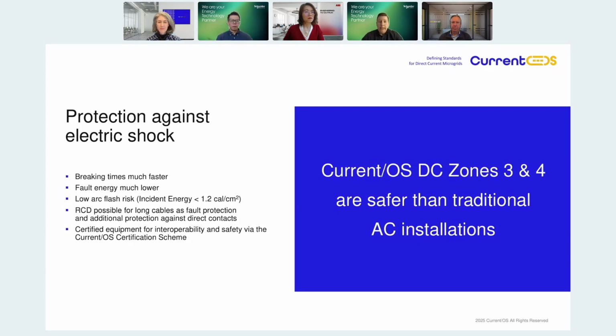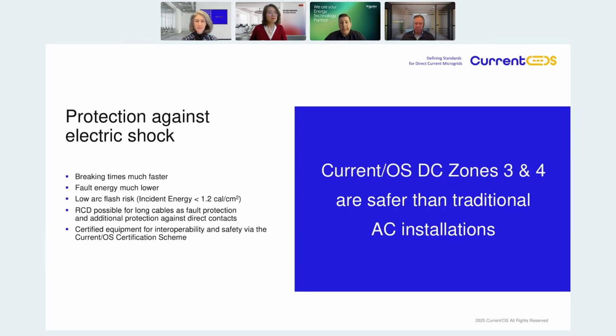And if we have a very low fault energy, also in case of arc flash, usually the incident energy is lower than 1.2 calories per square centimeter, which means that we don't need any PPE inside zone 3 and zone 4.